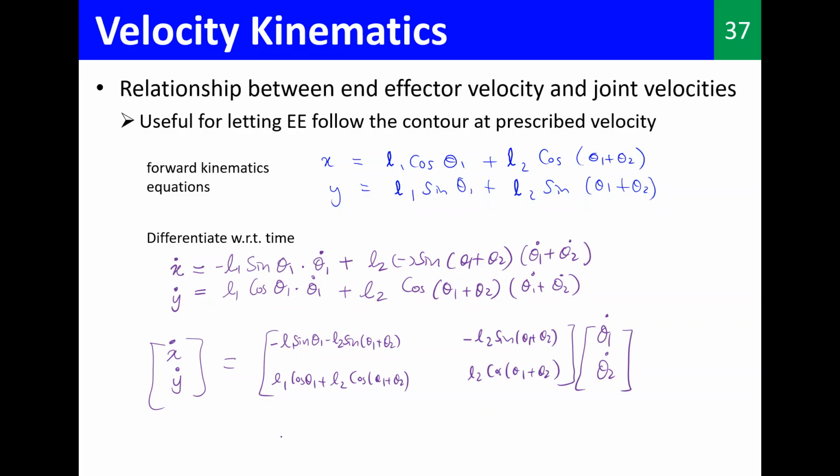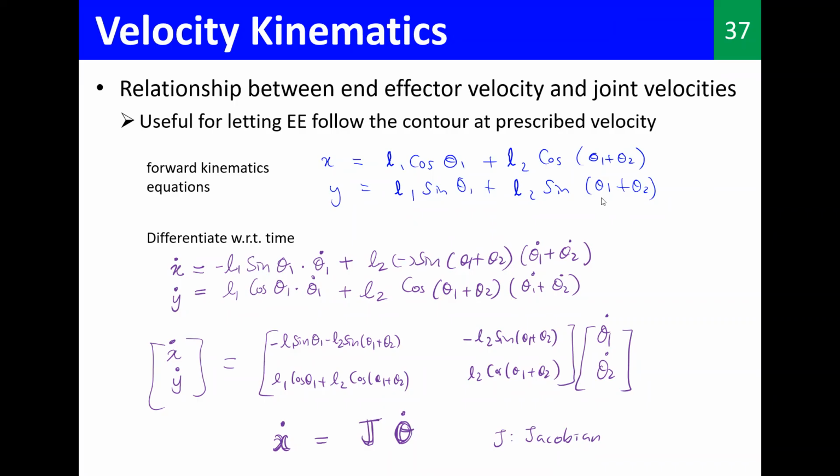So this we can write as, let's say, taken as a vector, x vector, and this I call the Jacobian J, and theta dot, right? So J is the Jacobian. I hope you understood, right?